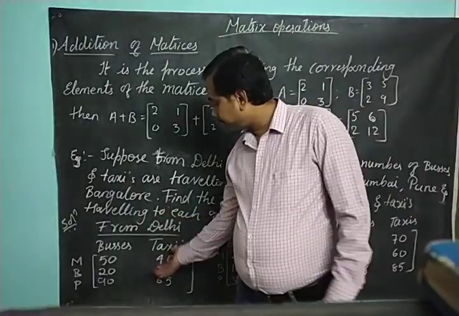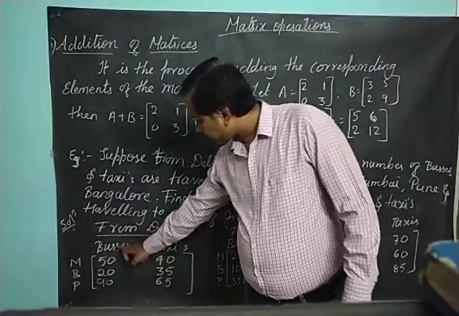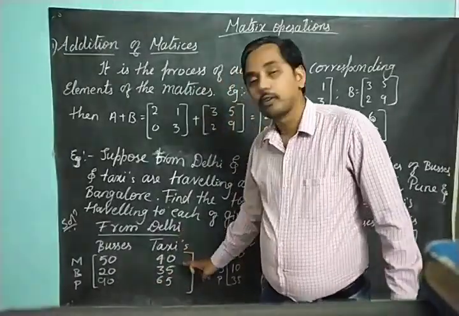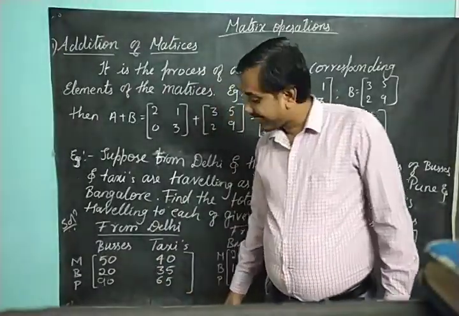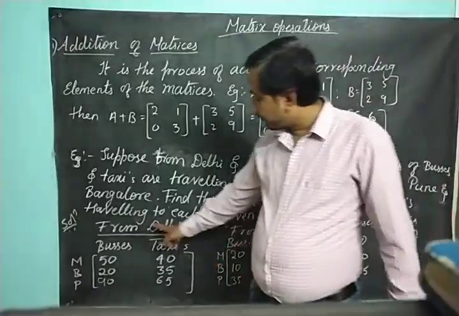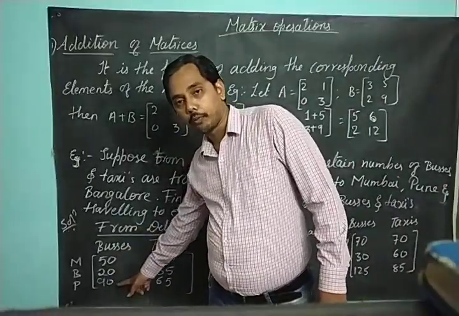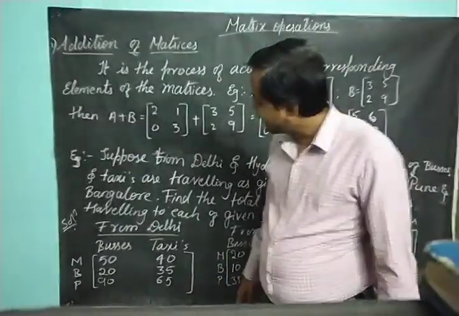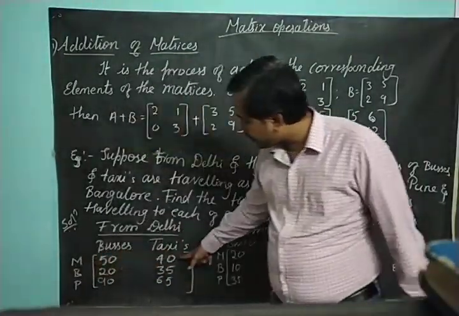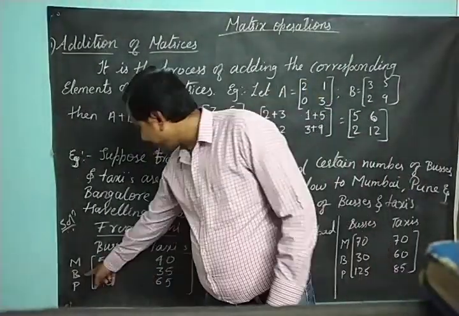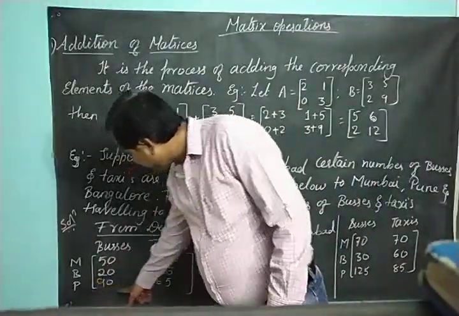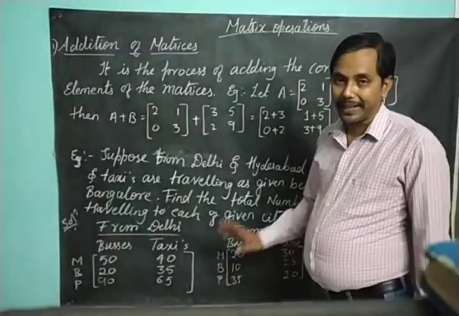These are the data from Delhi. First column represents the information about buses and second column gives us the information about taxis. First row gives us the information about Mumbai, second row gives us the information about Bangalore and third row will give us the information about Pune.